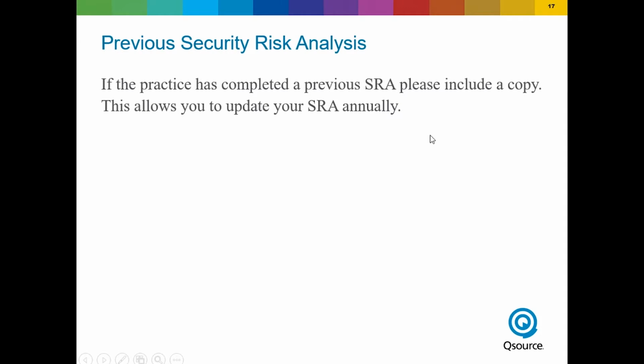And on the list of things to gather, we talked about the previous security risk analysis. And if you have a previous one, you can breathe a sigh of relief, because I know that first one is a lot and is very tedious to get through because there's a lot of things to look at. So if you have the previous one, then you can go through and just update. You don't have to look and make sure, do you have that policy or you don't have that policy.